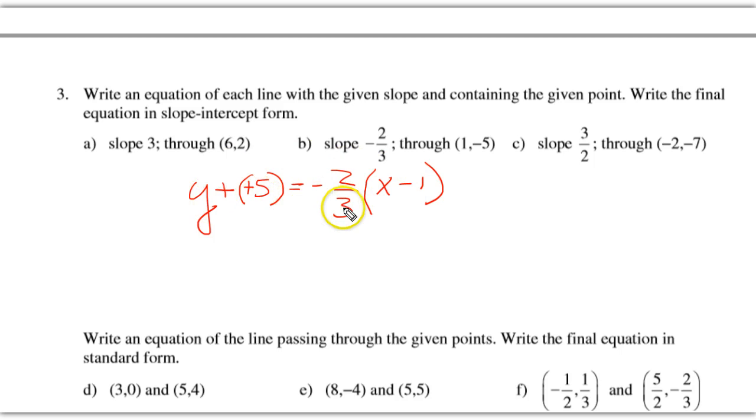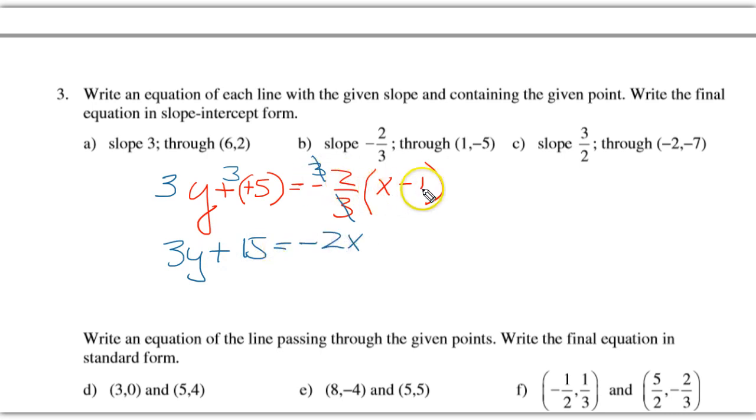You're going to multiply each term, and this is all one term here, by 3. So this will be a 3y. This will multiply this by 3. And here, multiplying this by the 3's just cancel out. So we get 3y plus 15 equals now a negative 2x.